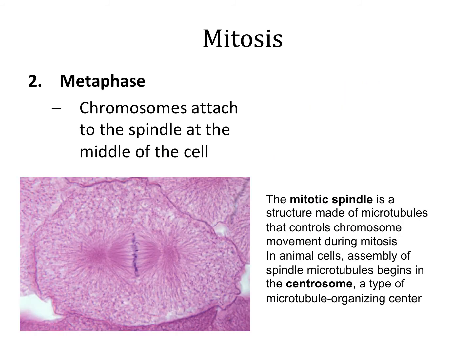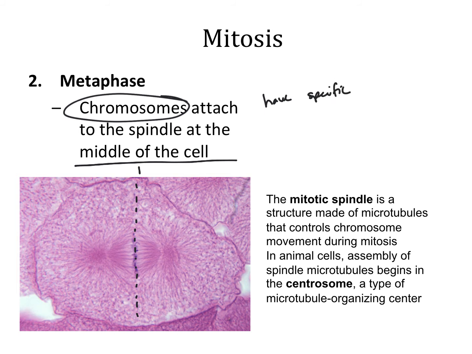All right, for metaphase, our chromosomes are going to attach to the spindle at the middle of the cell. So remember, I told you we're going to draw an imaginary line down the center. What lines up at the center of your cell? The chromosomes. So I'll continue to see chromosomes, right? But now they're going to have a specific organization. You may have noted that the chromosome itself wasn't exactly down the center.